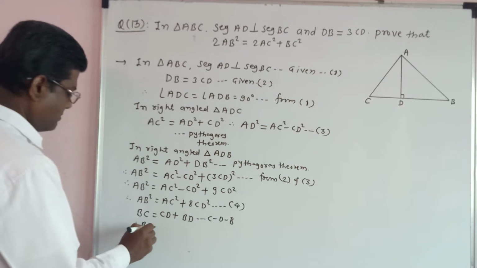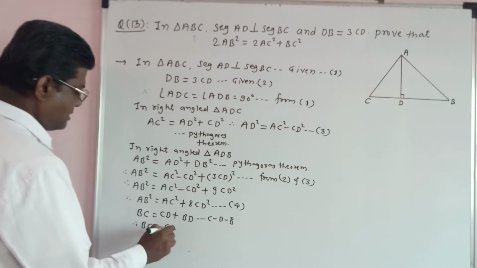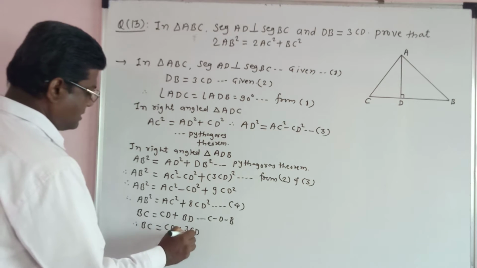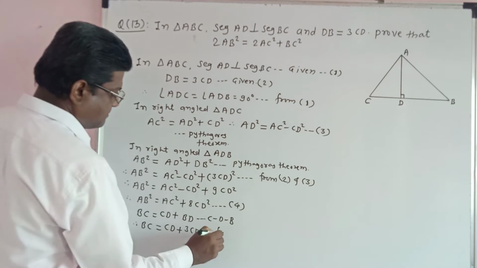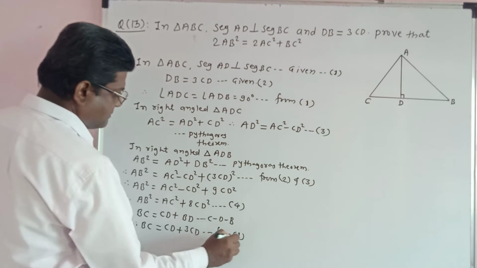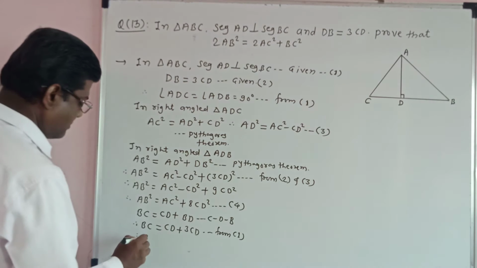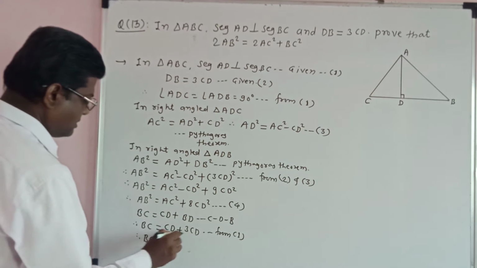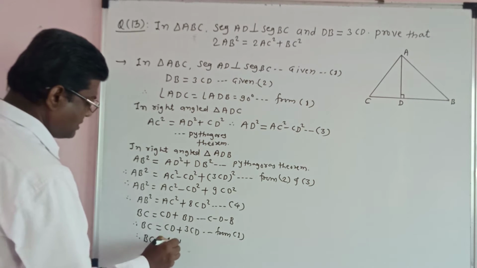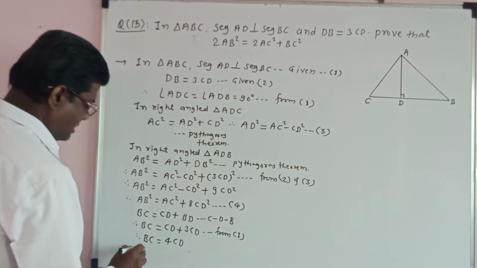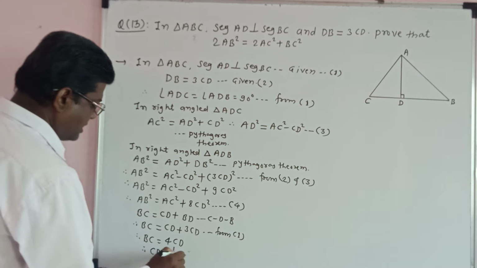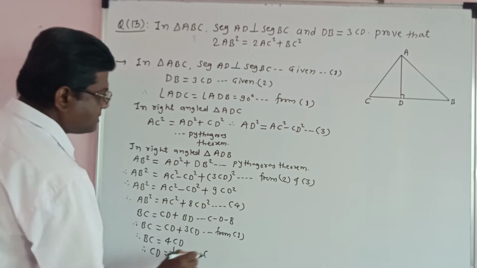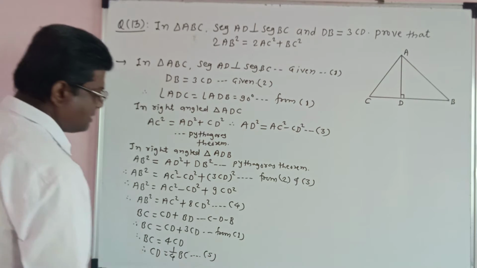Therefore BC is equal to CD plus 3CD. BD is equal to 3CD, this is from equation 1. Therefore BC is equal to CD plus 3CD, that is 4CD. Therefore CD is equal to 1/4 into BC. This is equation number 5.